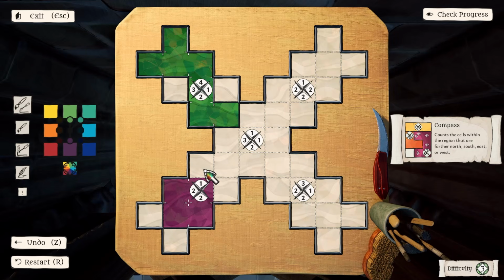We could be going to the right. We're definitely going up somewhere, but we'll figure that out as we go. 1 and 2 in this direction. So that, right?